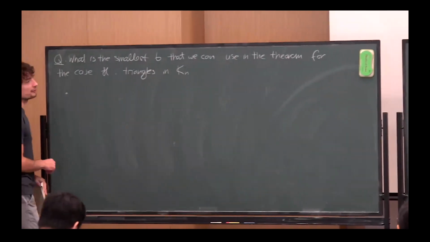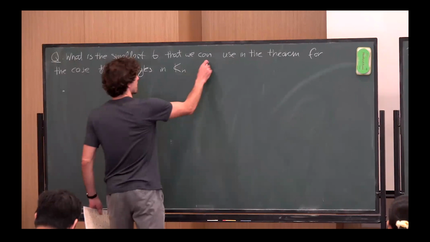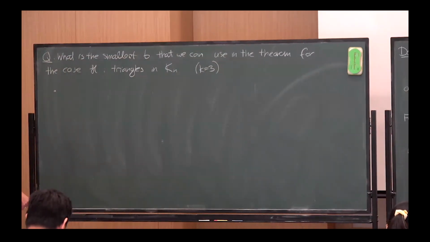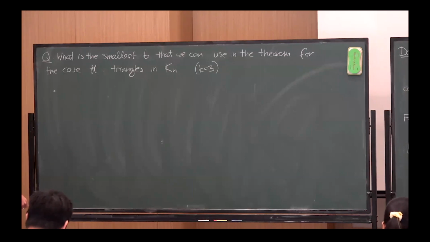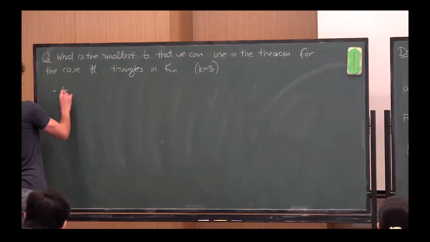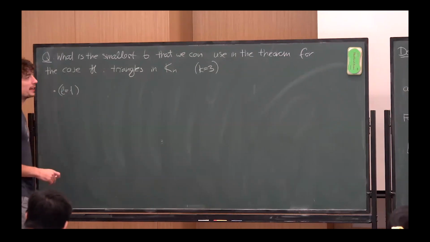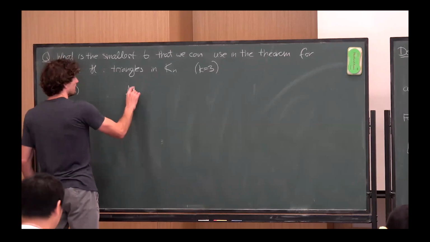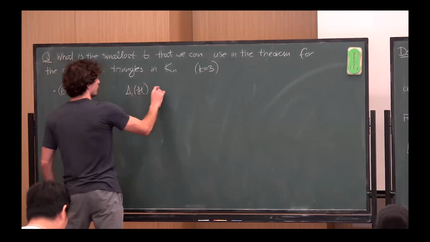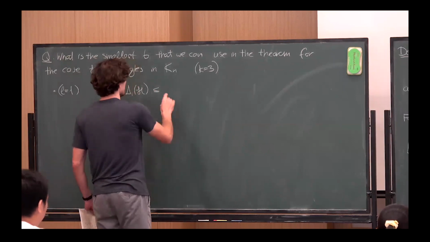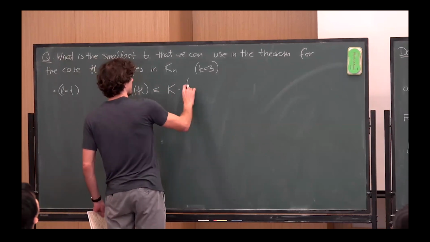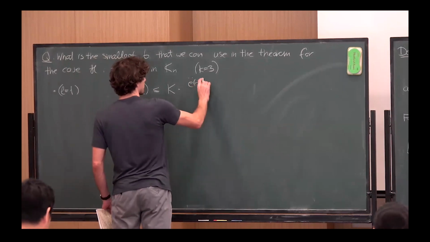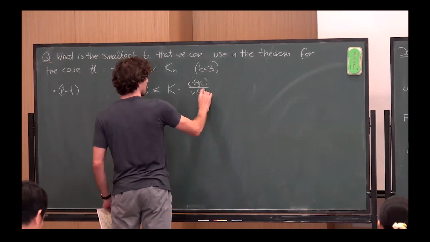So since the uniformity k is equal to 3, there are precisely 3 conditions that we need to verify for l equals 1, 2, and 3. So when l is equal to 1, then we're asking for delta 1 of H to be at most k times, sorry, the number of edges divided by the number of vertices.